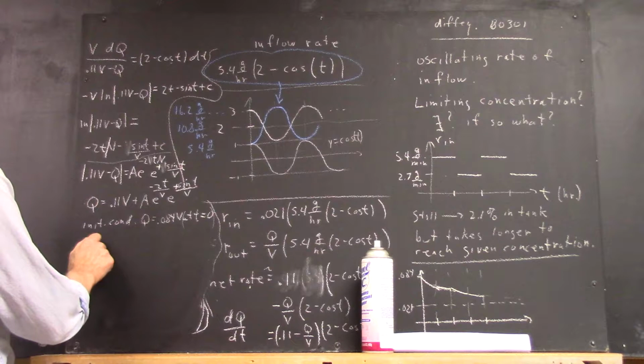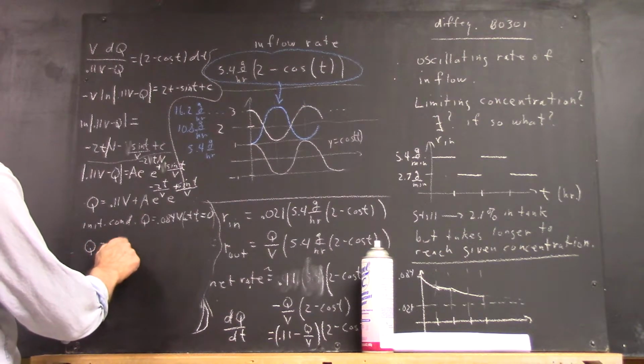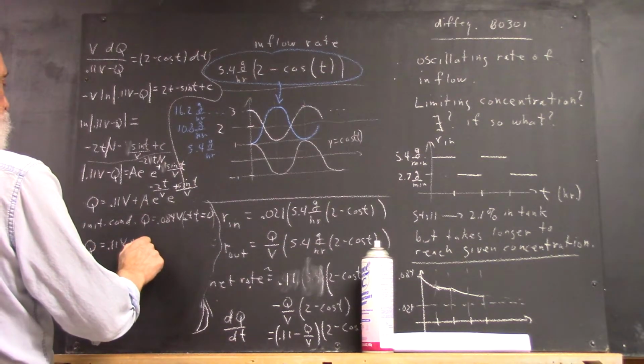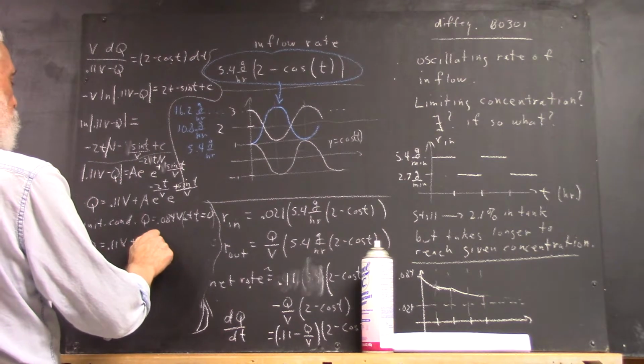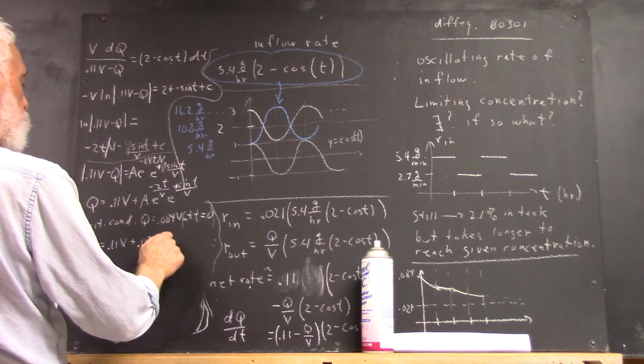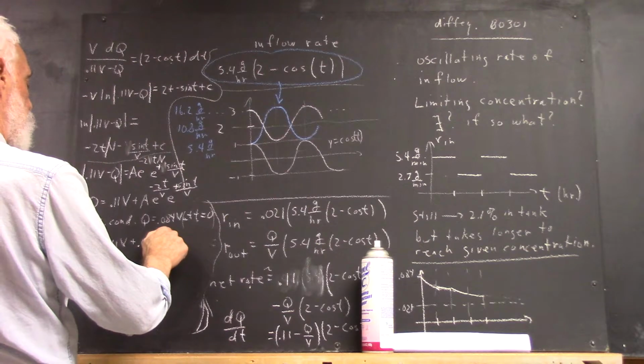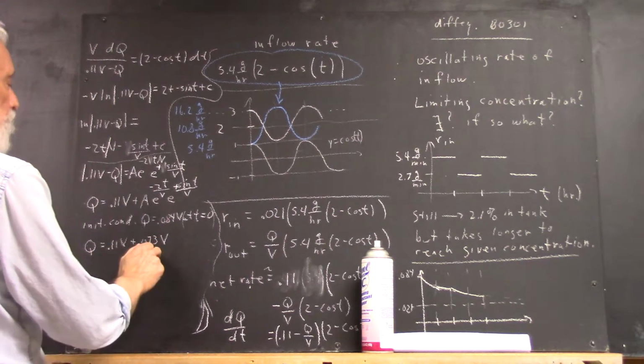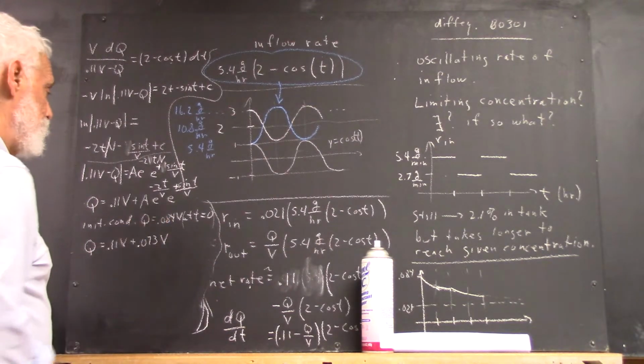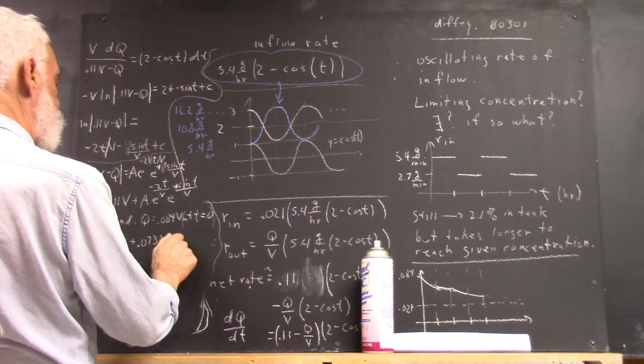Well, that means that you're going to have Q equals 0.11 V plus 0.073 V. 0.11 plus 0.073 equals 0.084 times your exponentials.